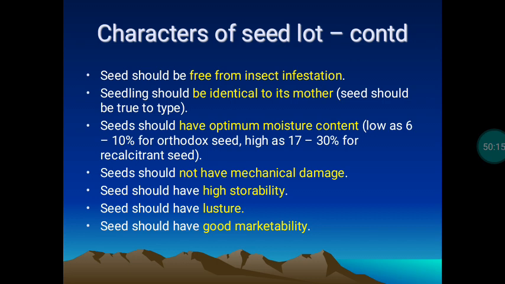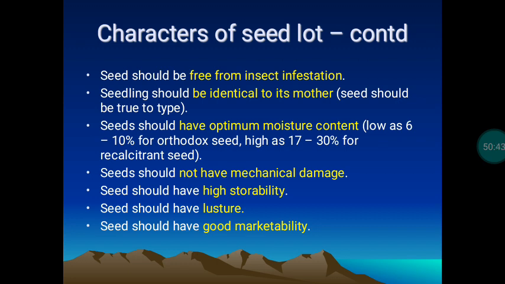In the repair process, if the seed succeeds, viability will be there, but the stored food available will be very little. If you sow that seed in the field, definitely it will produce an abnormal seedling or less vigorous seedlings that are not able to survive. Because of that, at any cost, we should not induce any mechanical injury to the seeds.